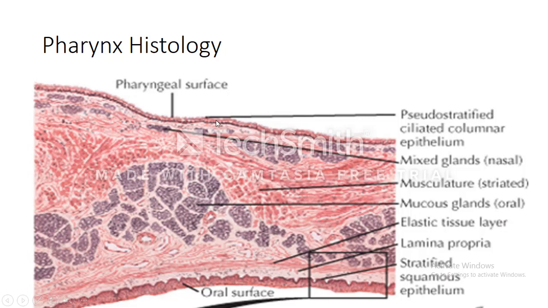This part of the pharynx has mucosa. The mucosa consists of pseudo-stratified ciliated columnar epithelium and lamina propria, and salivary glands, and muscle. Okay, this is a muscle.